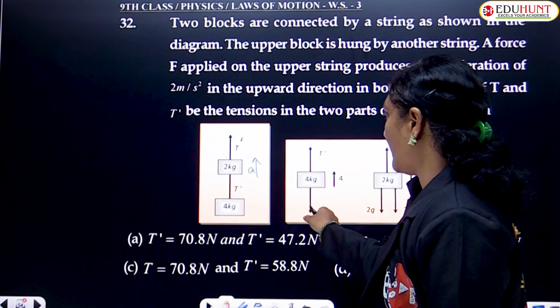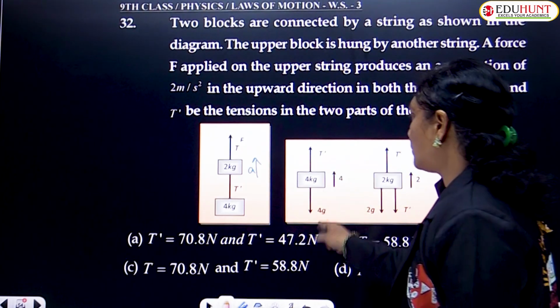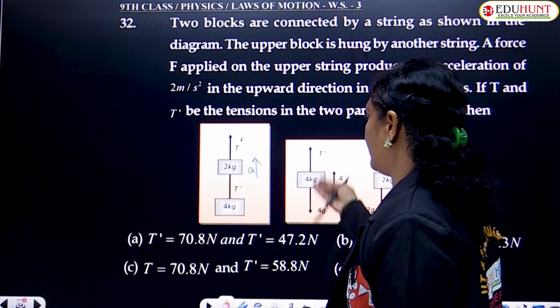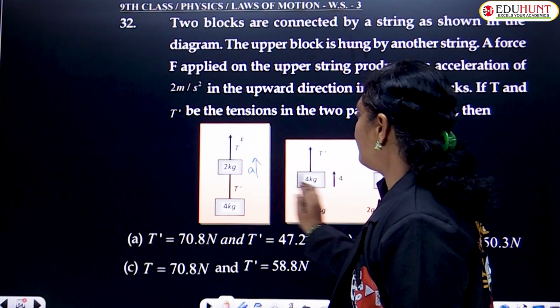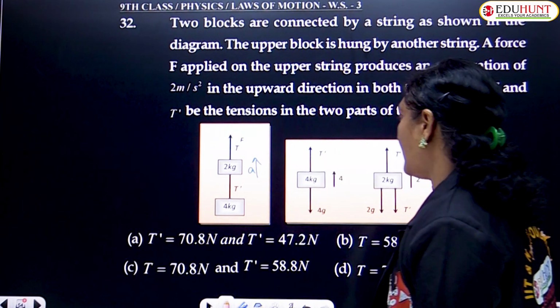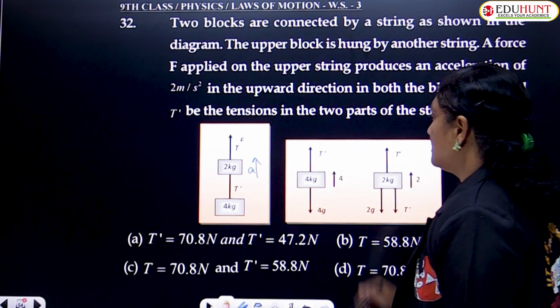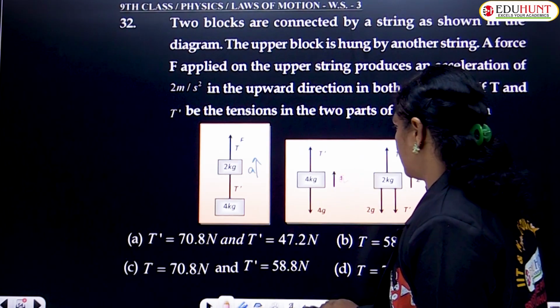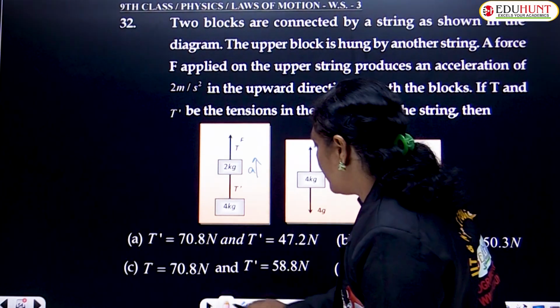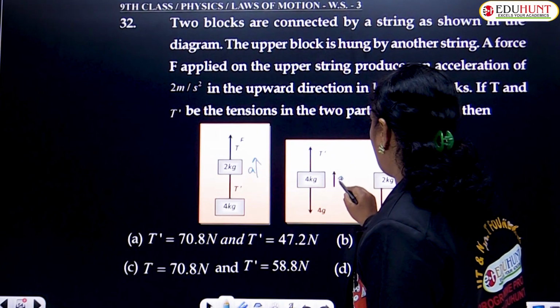No doubt, its weight is acting downwards. Its weight is nothing but mg, mass into gravity, 4 into g downwards. The tension in the string T dash is acting upwards. So no doubt the body will be accelerating upwards.